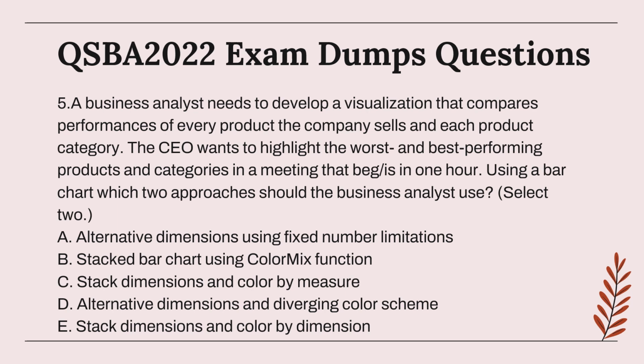Select 2. A. Alternative dimensions using fixed number limitations. B. Stacked bar chart using color mix function. C. Stacked dimensions and color by measure. D. Alternative dimensions and diverging color scheme. E. Stacked dimensions and color by dimension.